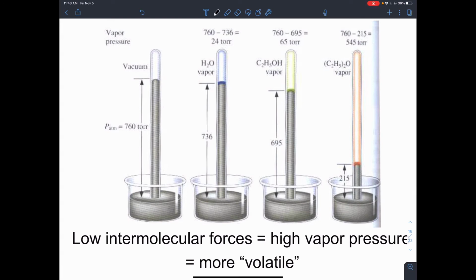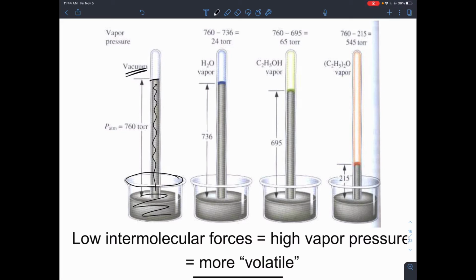So here's kind of an example of a vapor pressure. This first is a standard vacuum. That means that there are no gases inside, and then the tube is filled with mercury. So all of this is mercury, and the dish has mercury in it too. And then the outer dish is open to the atmosphere.